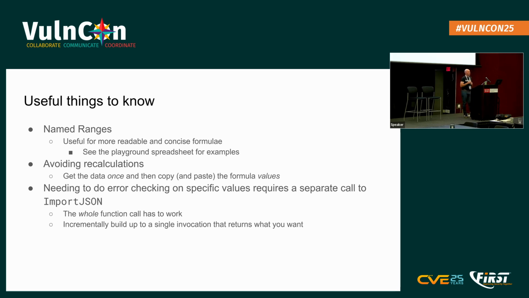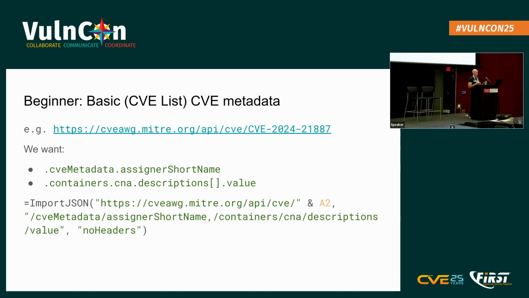The other thing with error checking is, coming back to this example where I've asked it to assign a short name and descriptions, you've got a comma separated string of paths. That whole thing has to work or it's considered not to have worked.